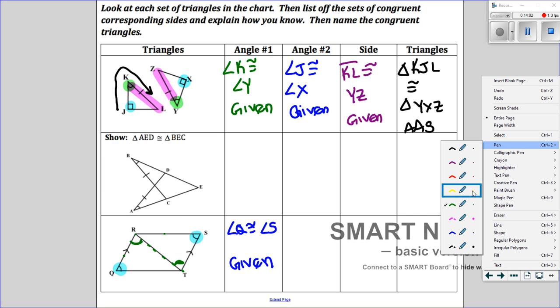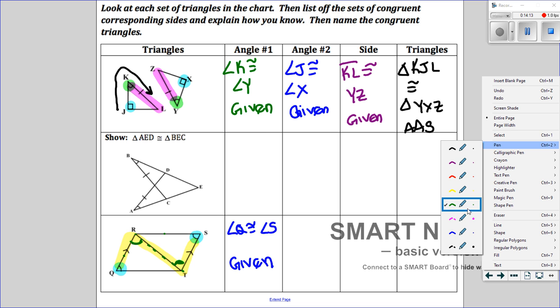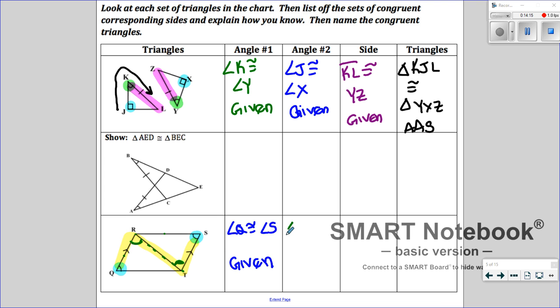So if I highlight that in yellow to show you that Z, anytime you see the Z, you know you're going to have alternate interior angles. So that is my second angle, which I'm going to show. So angle QRT is congruent to angle STR, and it's because of the definition of alternate interior.